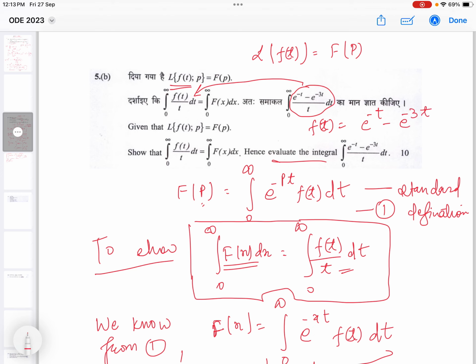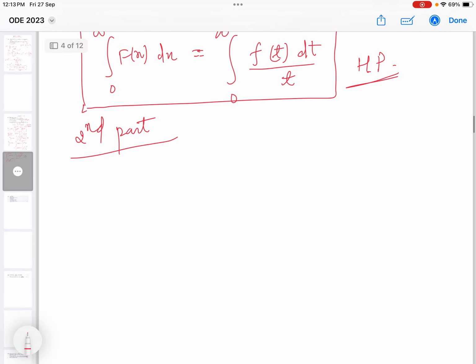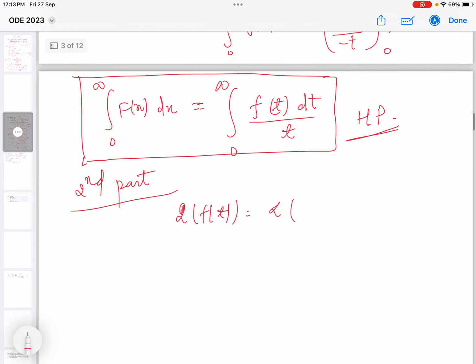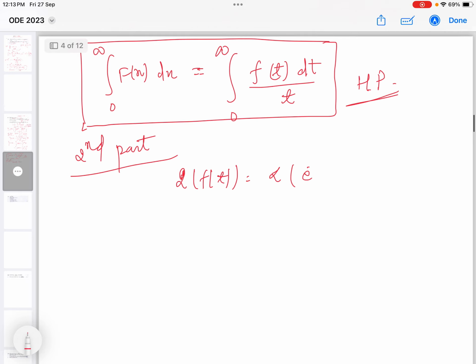So what we do here is the Laplace transform of f of t. The Laplace transform of e to the power minus t minus e to the power minus 3t.